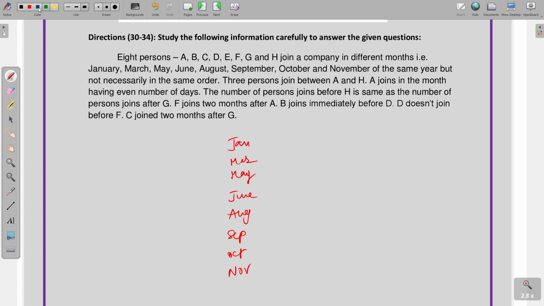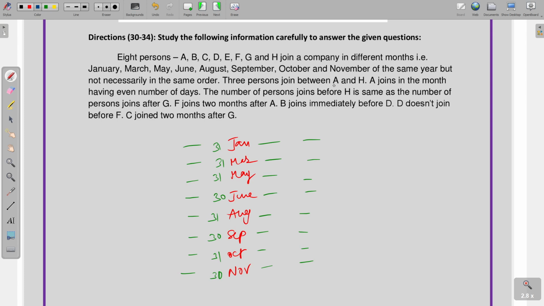So see the number of days: January 31 days, March 31, May 31 and June 30, August 31, September 30, October 31 and November 30 days. It is possibility 1 and it is possibility 2 and one more possibility.